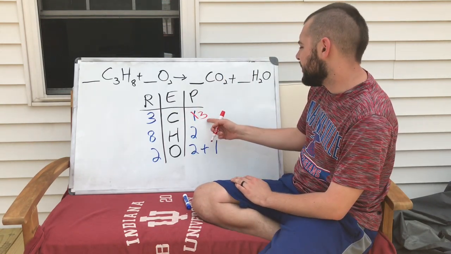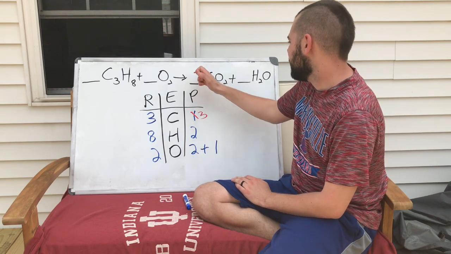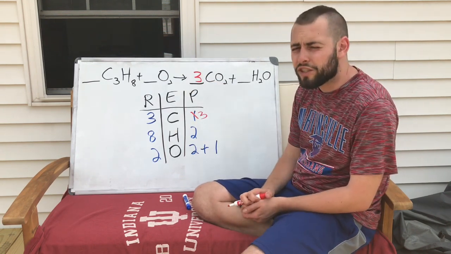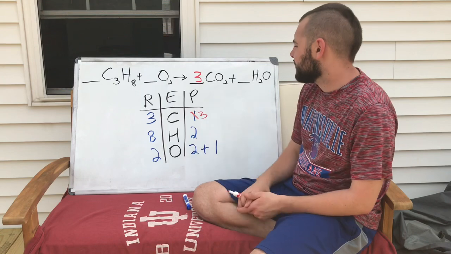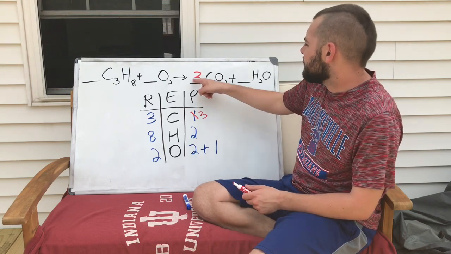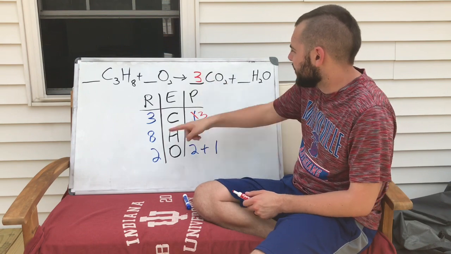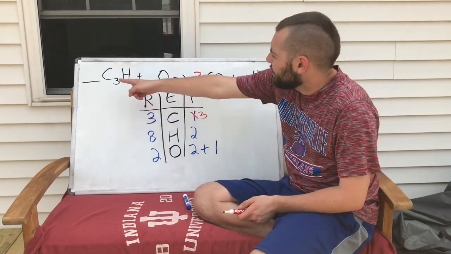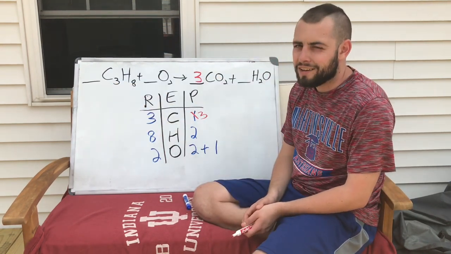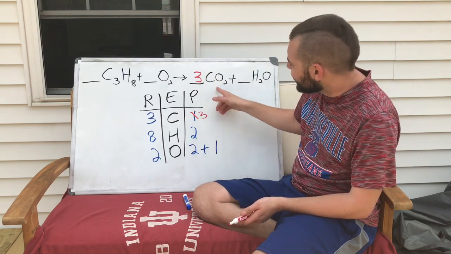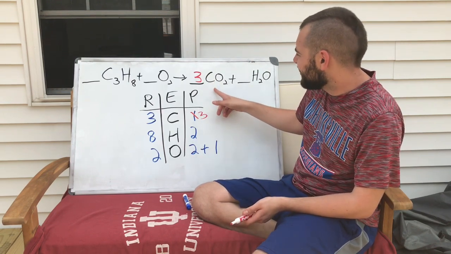Now if I made this a 3, that means I need to put a coefficient of 3 right there. Now I've got 3 times this 1 carbon is 3 carbons, and that balances with the carbons on the reactant side. But wait, I changed something else here too.